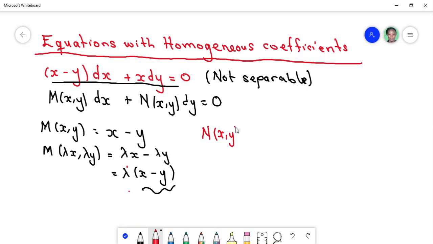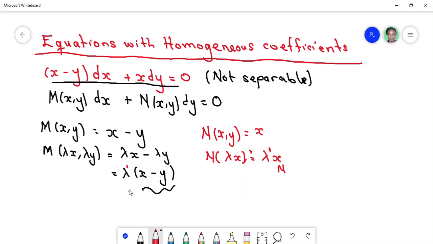Then let's check the other side as well, where I have my N of x, y equal to x. So if I have N of lambda x, because it's just lambda x, then I have lambda x. So this is my N, and it has degree 1. So you have degree 1 and degree 1.